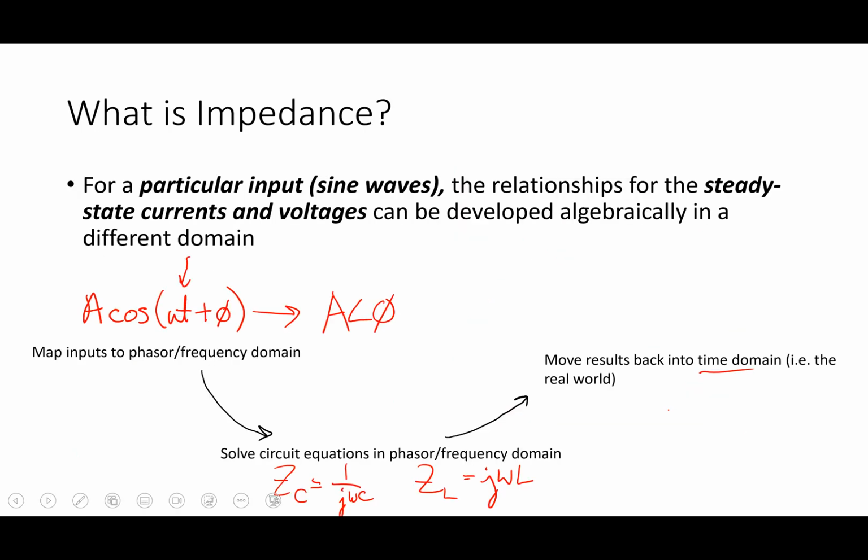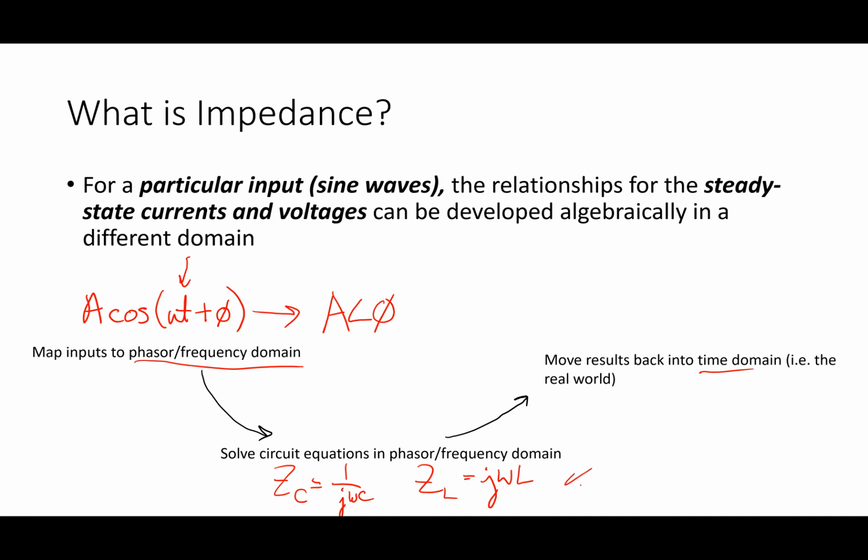All right, so the whole thing that we did was we learned this notion of impedance. It allowed us to get away from writing differential equations. The downside of that potentially is that we weren't getting ultimately the transient response, but we were getting for ourselves the steady state response. And we were doing it without having to do a differential equation. So we basically said we moved to the phasor domain or the frequency domain.